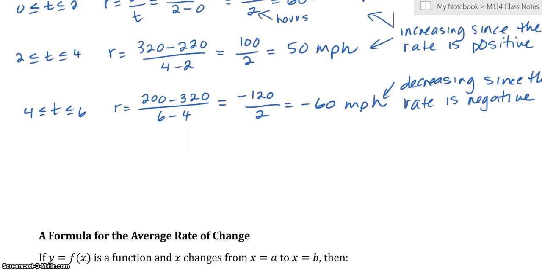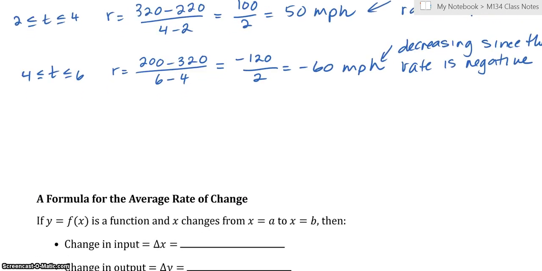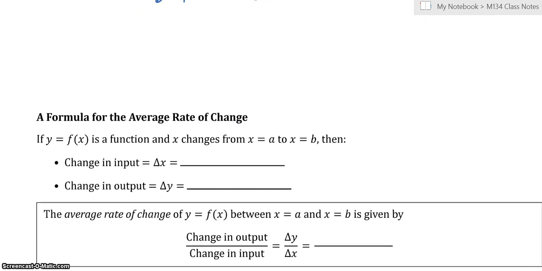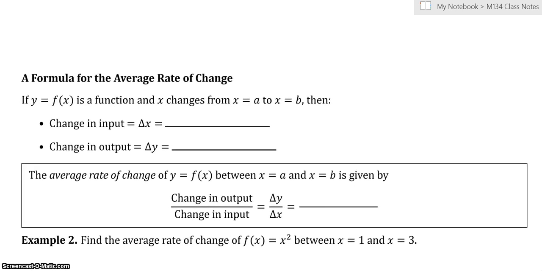So here is the formula in math terms. It says, and then we'll try this one, a formula for the average rate of change. If y equals f of x is a function, changing from x equals a to x equals b, then the change of the x we saw up there was b minus a.